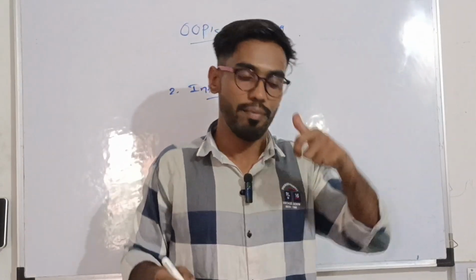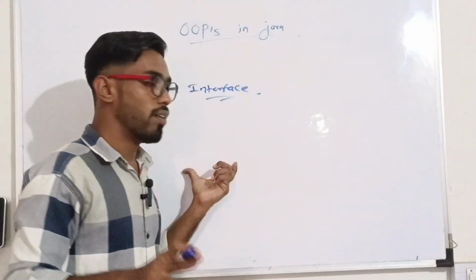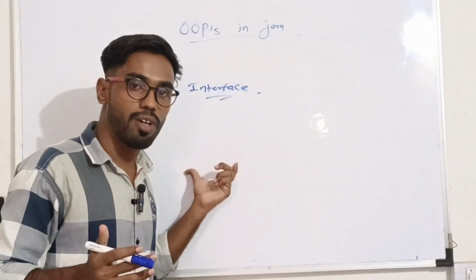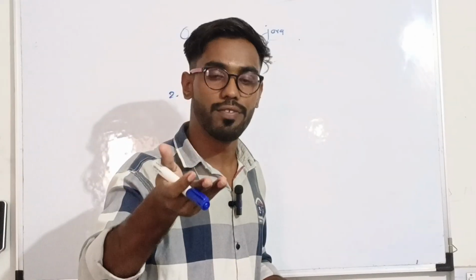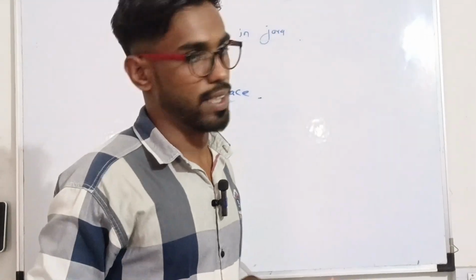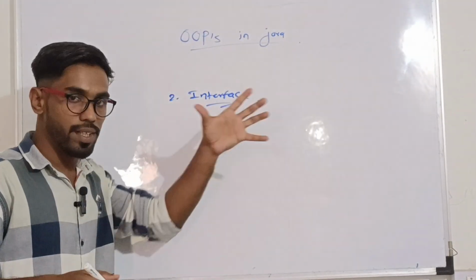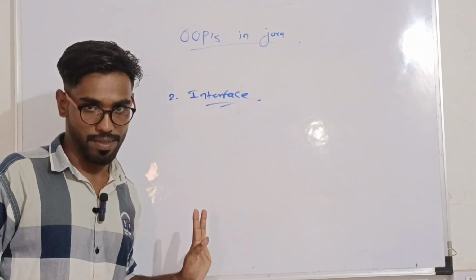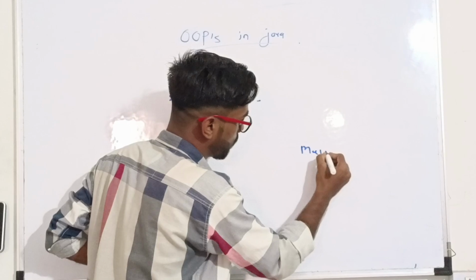The main difference between a class and an interface is that we cannot create an object of an interface, but we can create an object of a normal class. That's the main difference. And why did the interface come into object oriented programming languages? There is the concept of multiple inheritance.